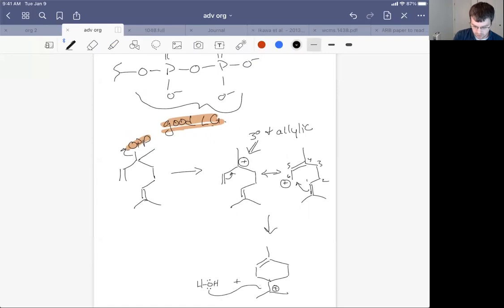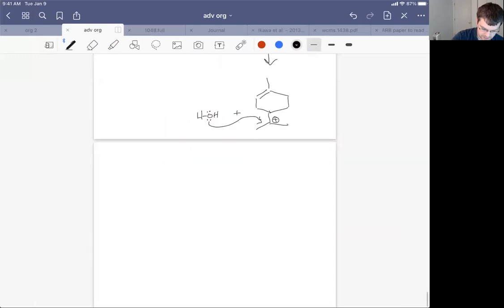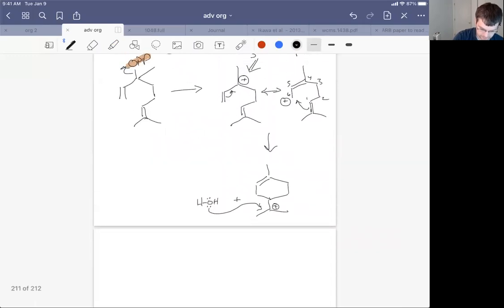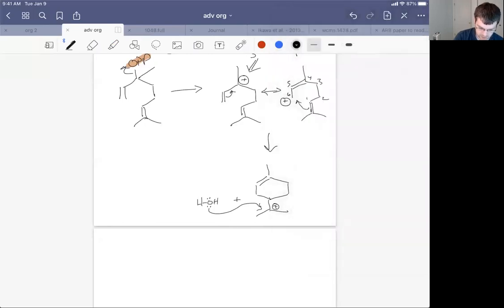I'm going to let neutral water attack the carbocation. Sorry, forgot I needed to make a page. And then after that attacks, we're going to form a protonated alcohol, which is going to lose a hydrogen cation to give an alcohol product.